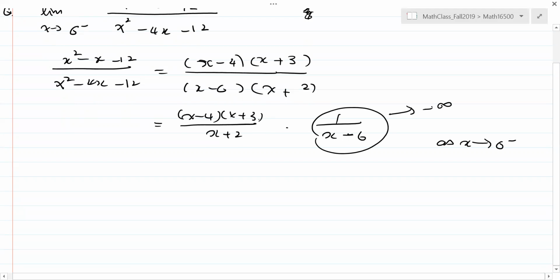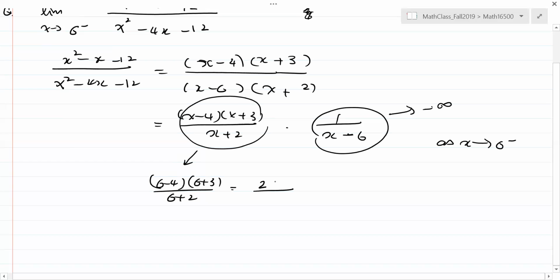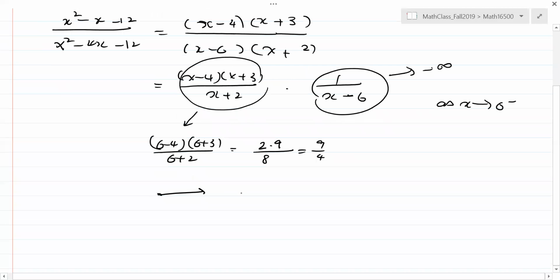But this part, you just plug 6 for x. So you get 6 plus 2, 6 minus 4, 6 plus 3. So it's going to be 2 times 9 over 8, so it's 9 over 4. It's a positive number. The first part approaches a positive number. The second part approaches negative infinity. So combined, it approaches negative infinity as x approaches 6 from left-hand side.